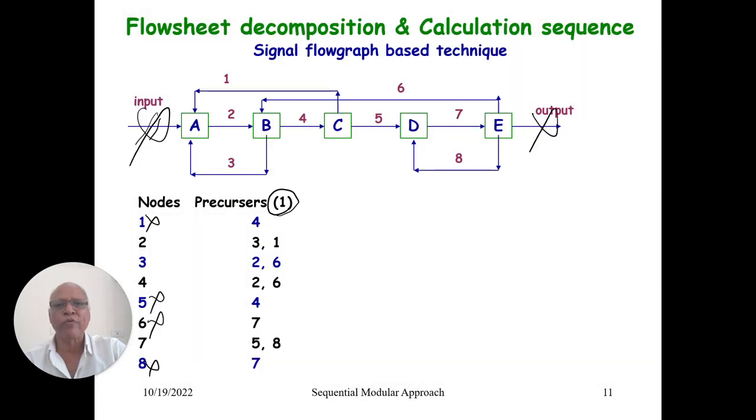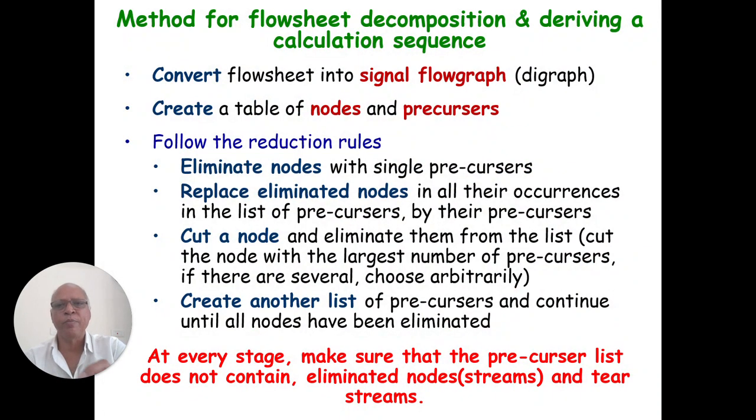Let me now go back formally and try to show you the algorithm. For every intermediate stream, you create a list of precursors depending on the flow sheet connectivity. This needs to be done only for all the intermediate streams. Then eliminate nodes from this precursors list which have single precursors.